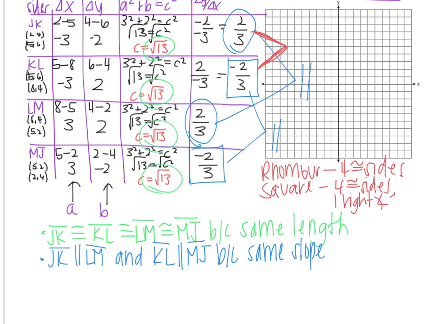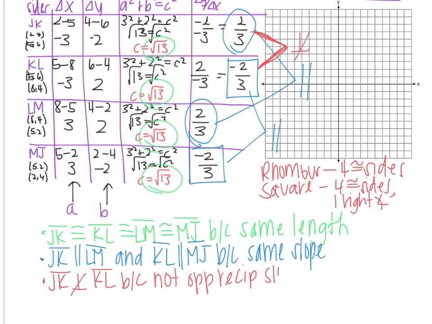Not just negated, not just flipped, but two of them together. 2/3 and negative 2/3 are not flipped, which means that these are not perpendicular, which means that we can write a conclusion here about JK being not perpendicular to KL because not opposite slopes. So, angle K is not a right angle.